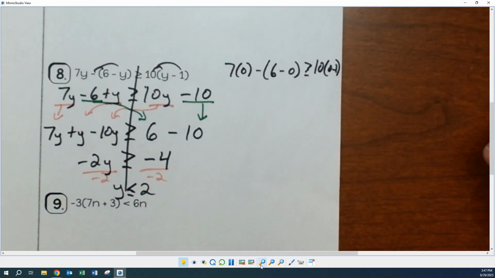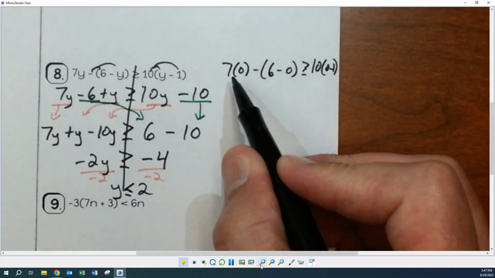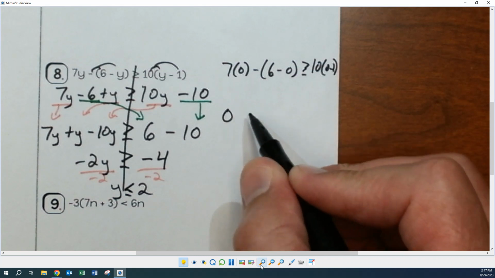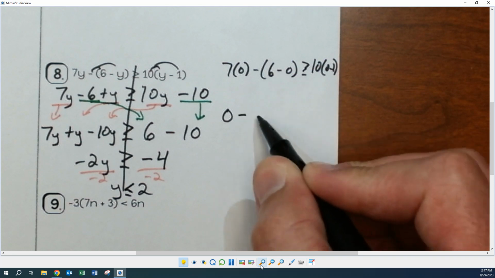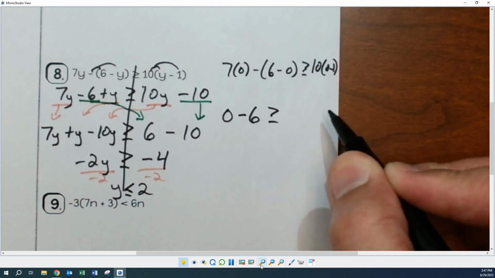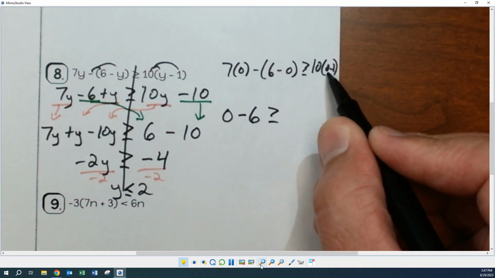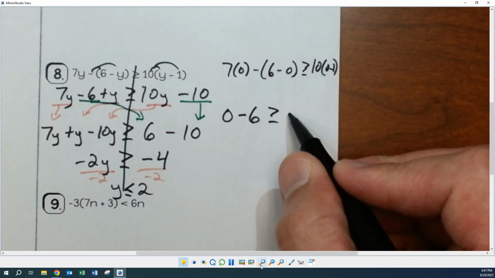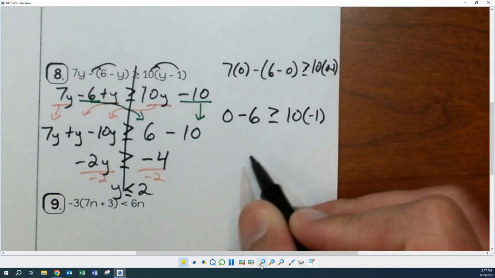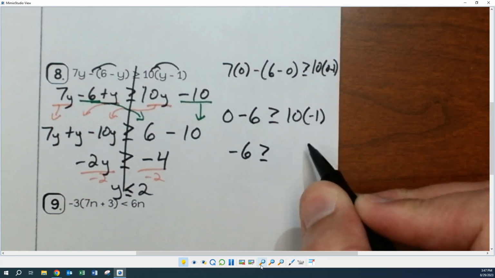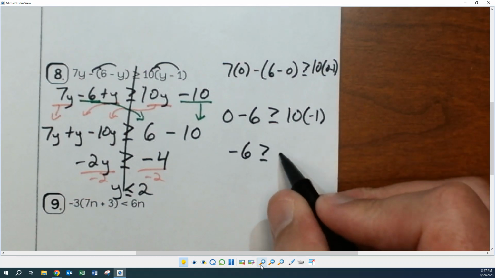Sorry, my writing got a little cramped there. 0 times 7 is 0. Negative 6 minus 0 is still just negative 6. Is that greater than or equal to 0 minus 1, which is negative 1? 10 times negative 1 is negative 10.